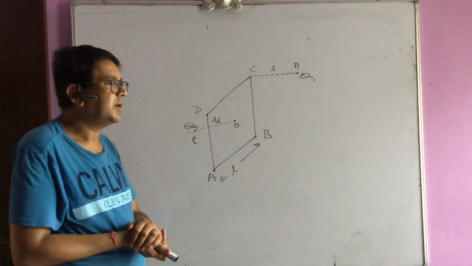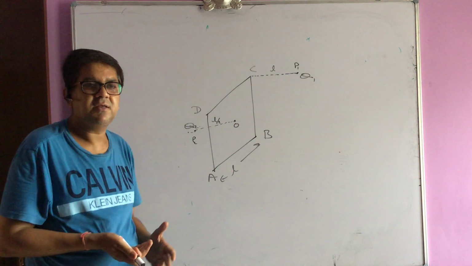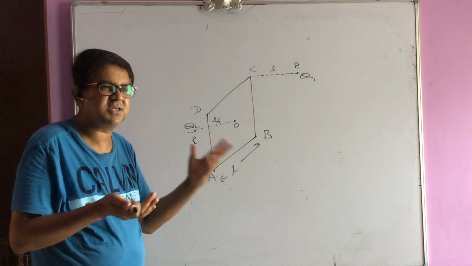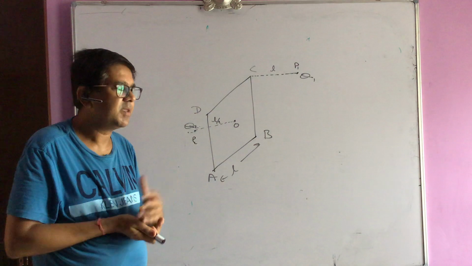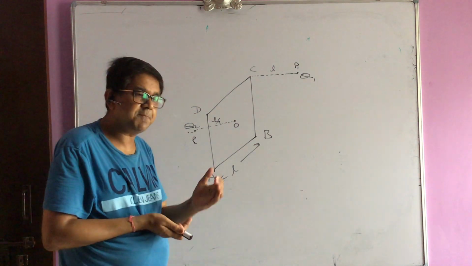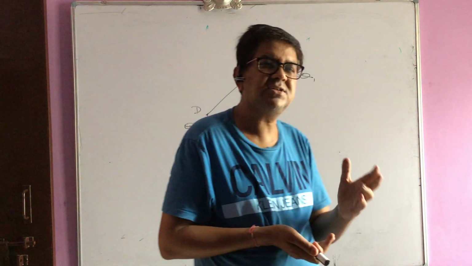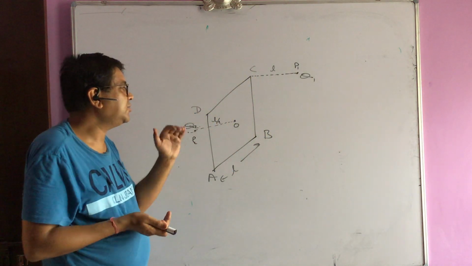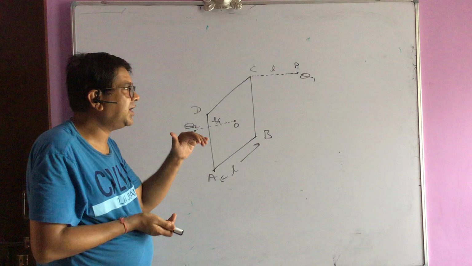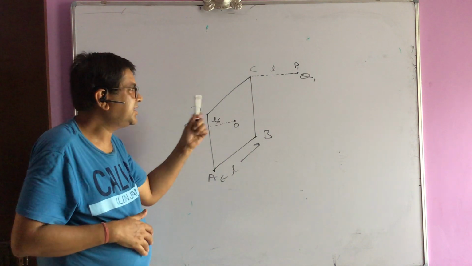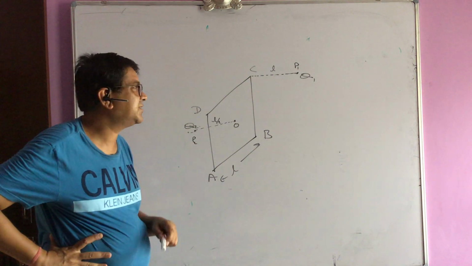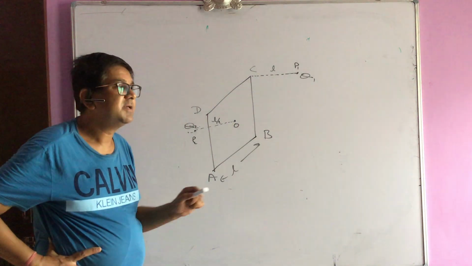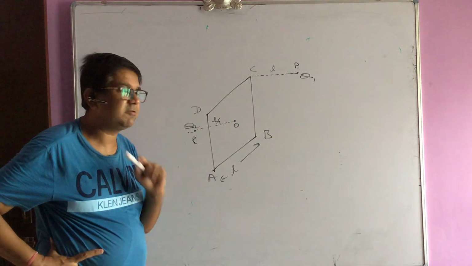Because area vector is defined along the normal, and for a non-closed surface, the normal can be taken in both directions because it is not uniquely defined. If it is part of a closed surface, then conventionally we take the outward normal as positive. So here the area vector is not uniquely defined. So whenever we are saying flux in cases of a non-closed surface, actually we are talking of the magnitude of flux, we are not talking of the sign of the flux.